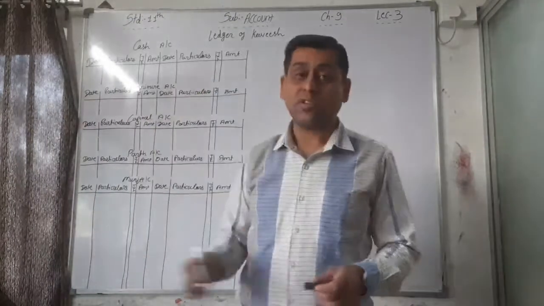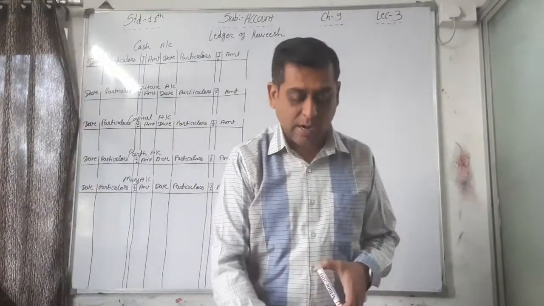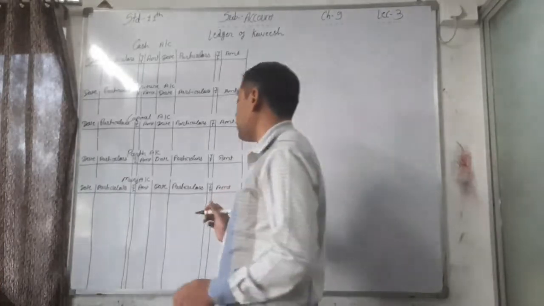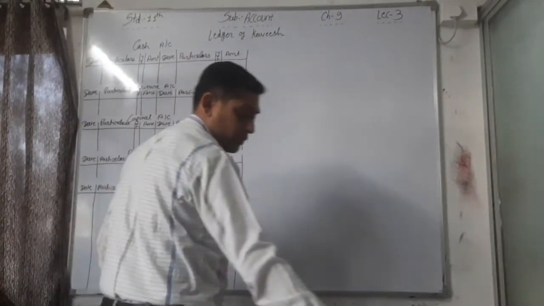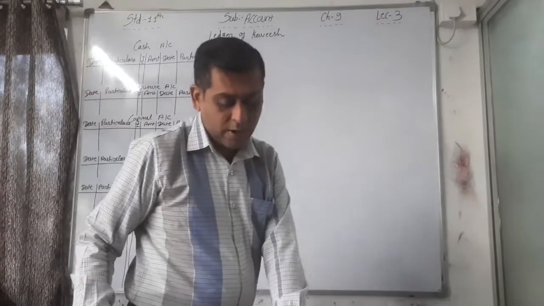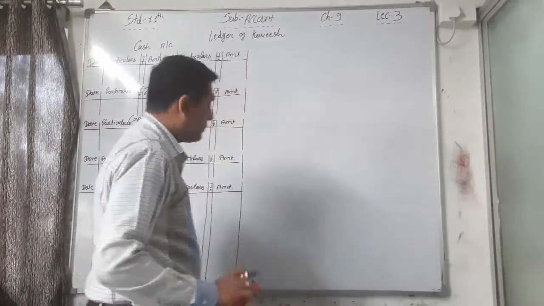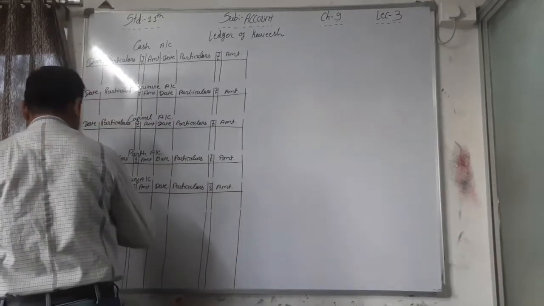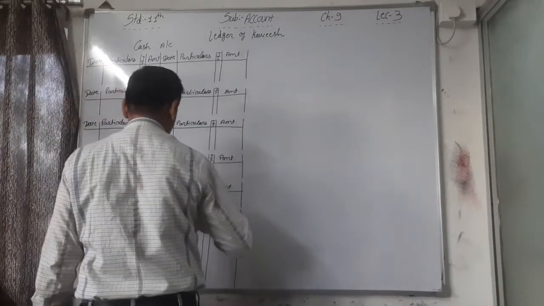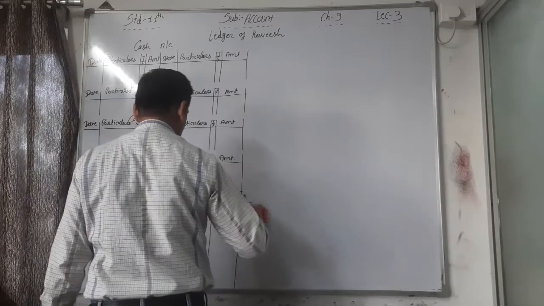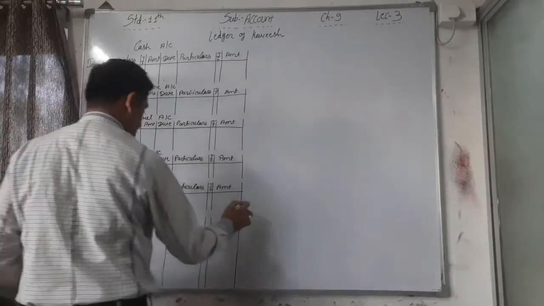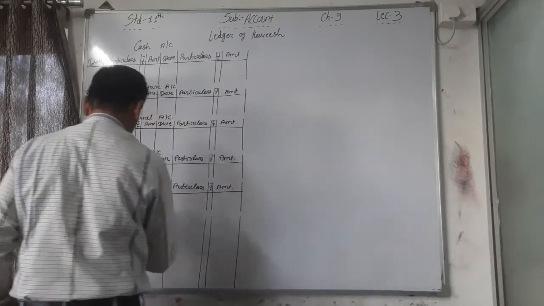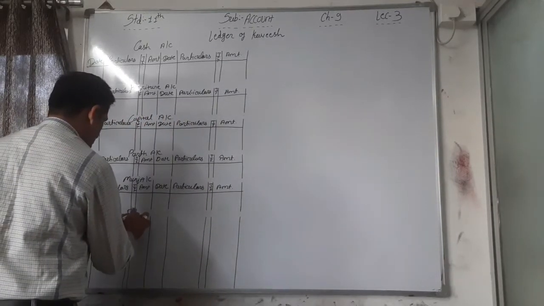We already prepared that cash account, that's why we don't have to prepare the cash account. Now in the third entry, bank, discount and Mansi, we have to prepare 3 accounts. Bank, see, for that only one entry is there for the bank, that's why bank account.